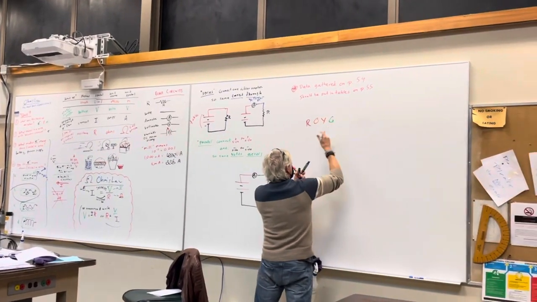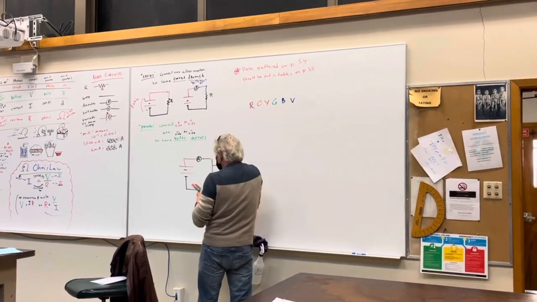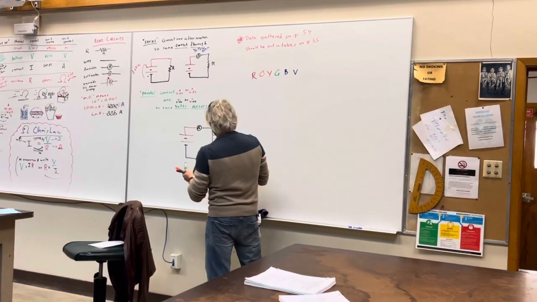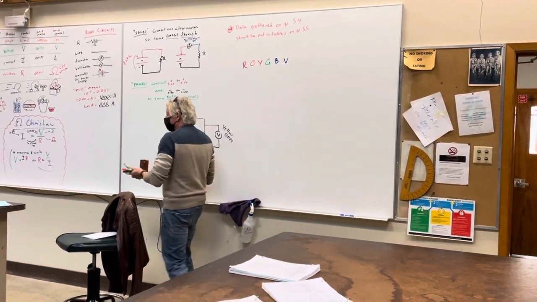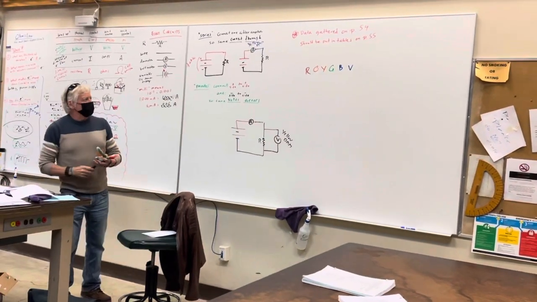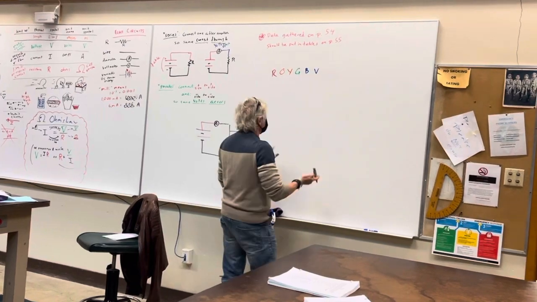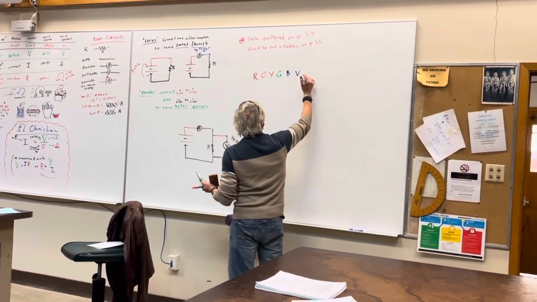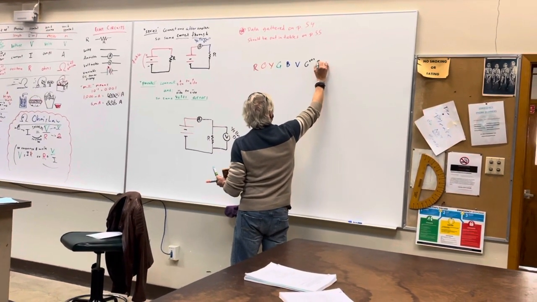How many letters is this? Blue, violet, purpley, right? And then how many letters is that? 6. So I need 4 more to get all 10 digits, from 0 to 9. Violet, gray, and black.